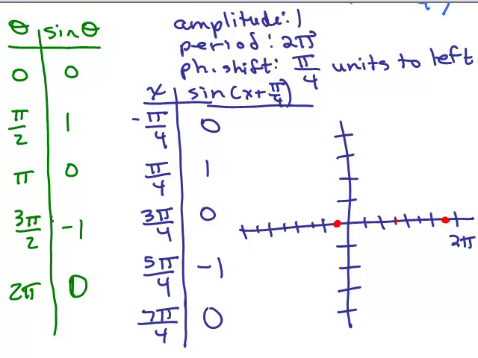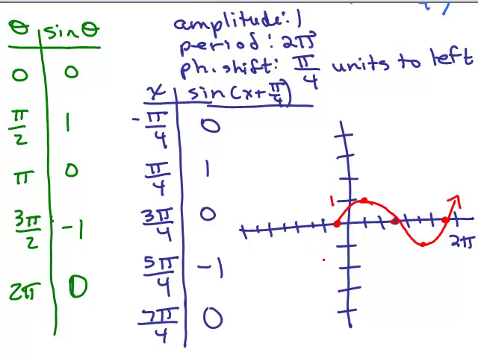So there's 1, 2, this is halfway in the middle. And this is going to go up 1, assuming that's the unit of 1. And then in between here, we're going to go down 1, and there's our sine function shifted pi over 4 to the left.